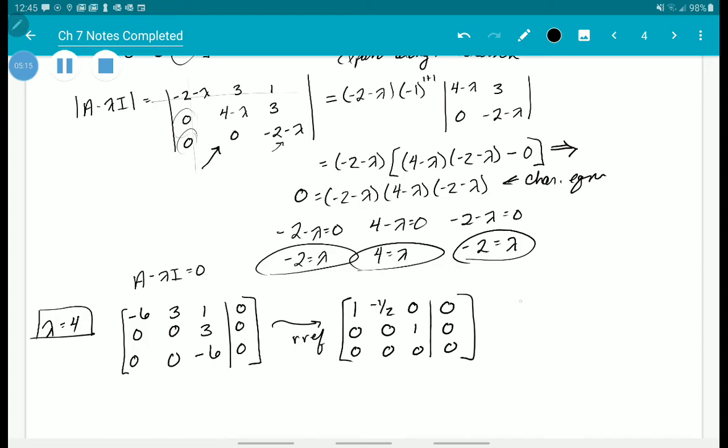So this tells us x1 is equal to 1/2 x2. x2 therefore has to be a free variable. And then x3 has to be equal to 0.